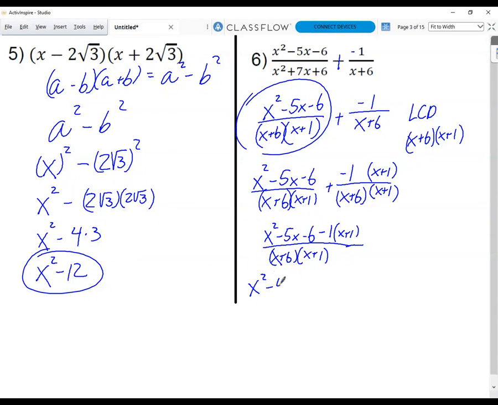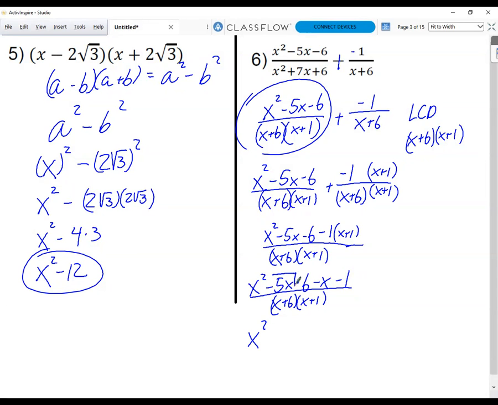Simplifying a little bit more, minus x minus 1. Now combining our like terms in the numerator, and I'm working this out with a lot more steps than I have on my paper, but this is going to become x squared.